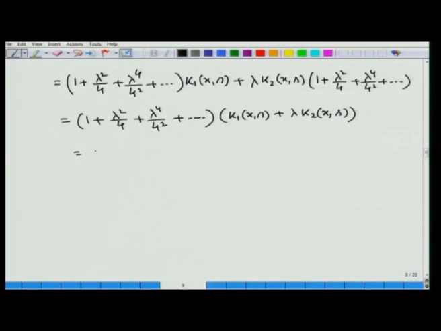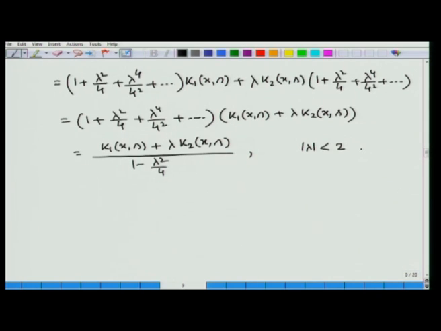So, this will be equal to k1(x,s) plus lambda k2(x,s), divided by 1 minus lambda square by 4, and the criterion for convergence is given by modulus lambda less than 2.